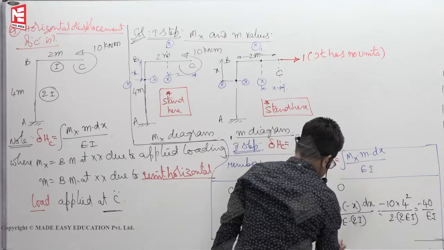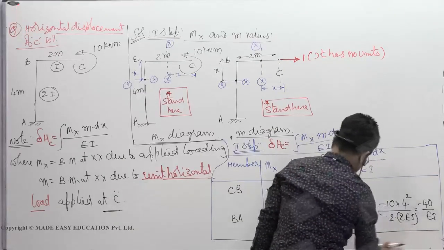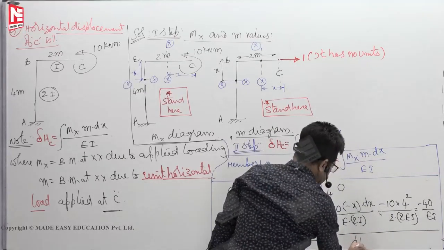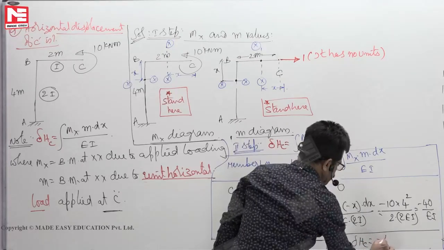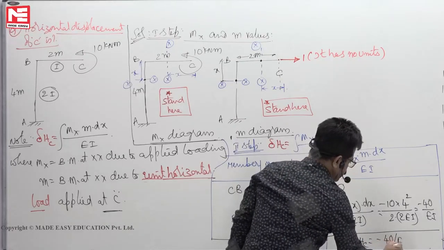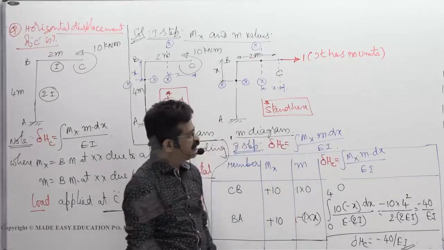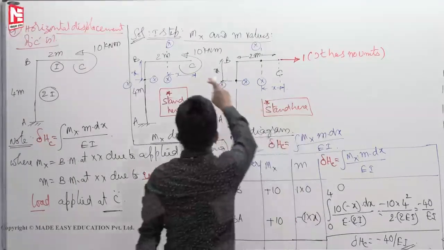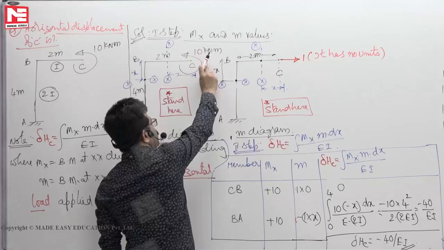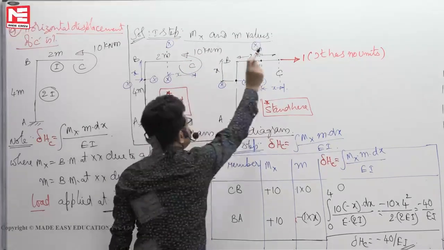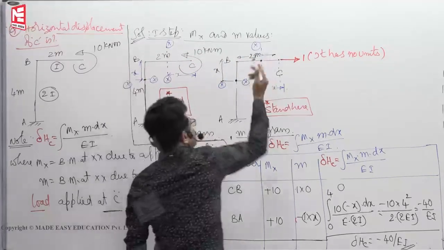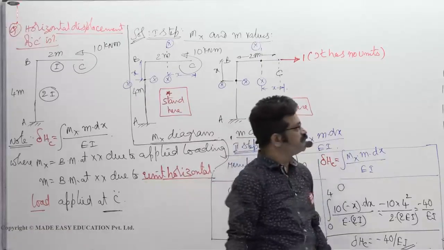That means delta horizontal displacement of C is minus 40 by EI. Again, negative sign indicates that because of this moment M 10 kilonewton meter, joint C will not move right side, it moves opposite to the direction of unit load.